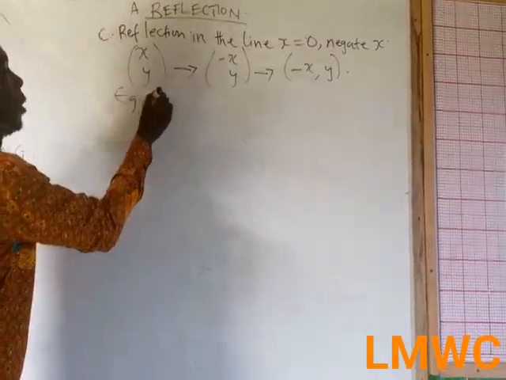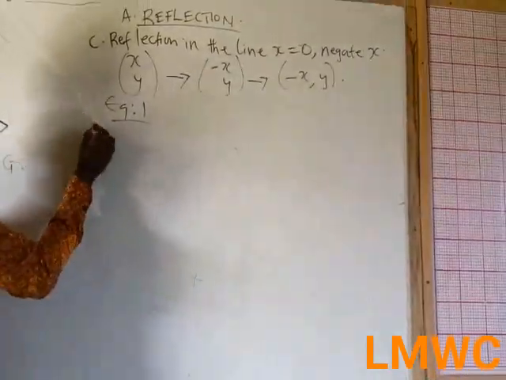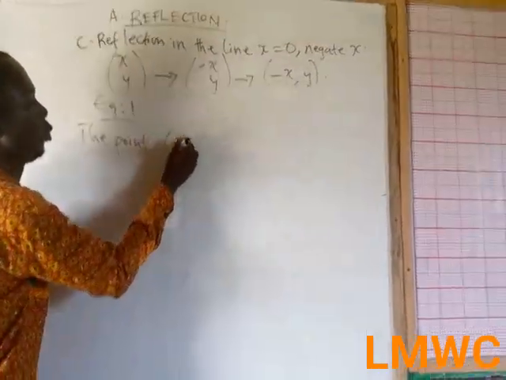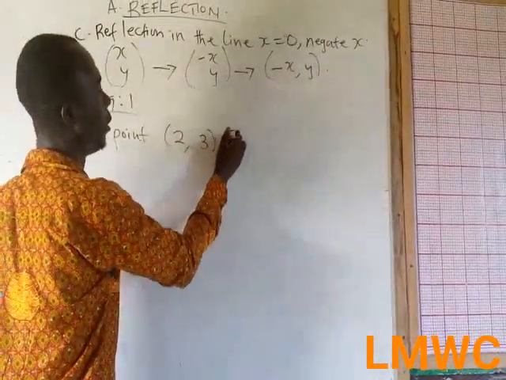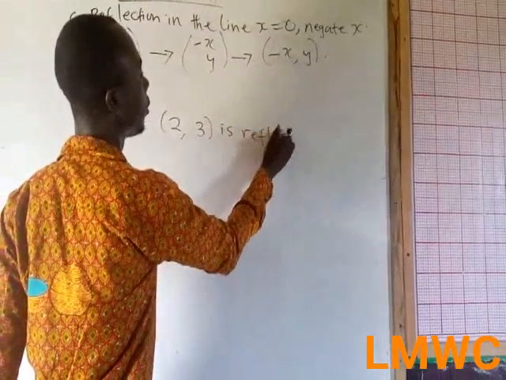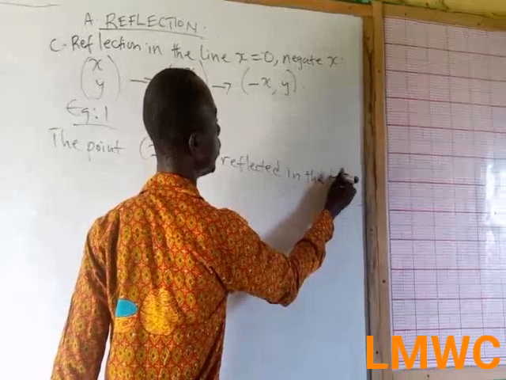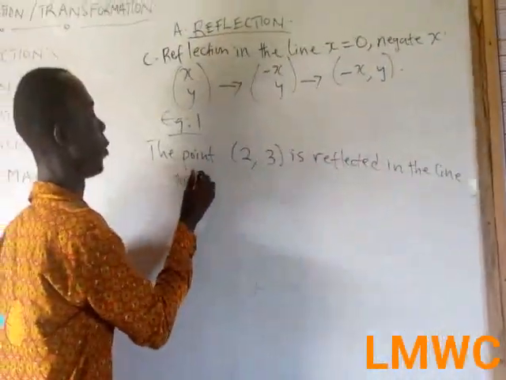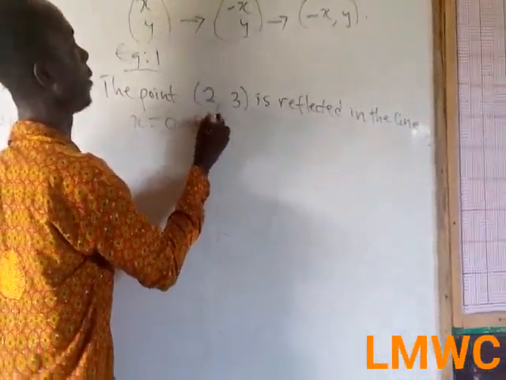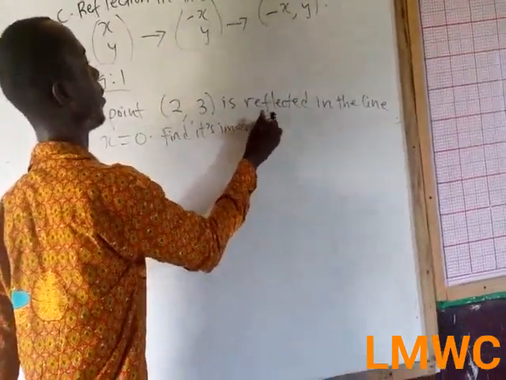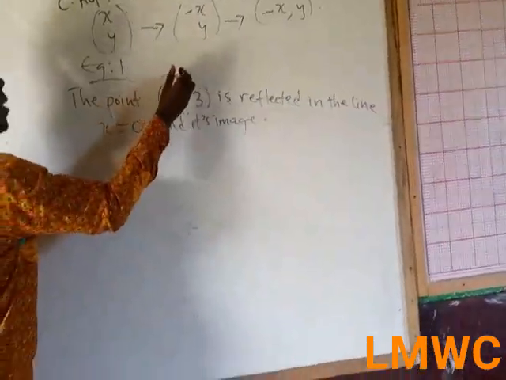Example 1. The point (2, 3) is reflected in the line x is equal to 0. Find its image. We know this is x and this is y.